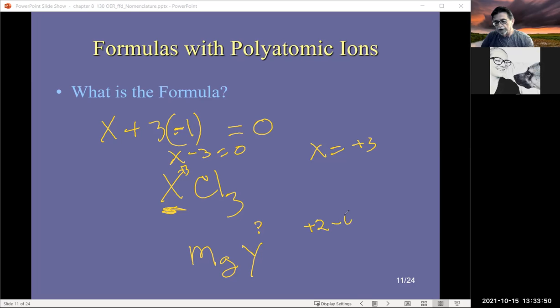We don't know what Y is, so we have Y equal to -2. It has to be -2, correct? Because you want these to equal 0. Okay, so under these conditions, Y is a -2 charge. And magnesium, of course, is a +2 because we know it's a group 2 element, a metal to be specific.